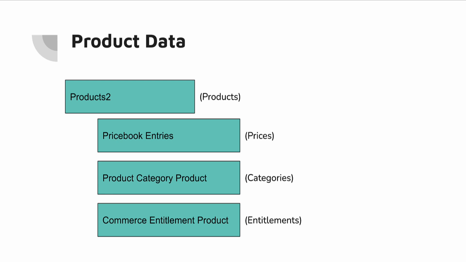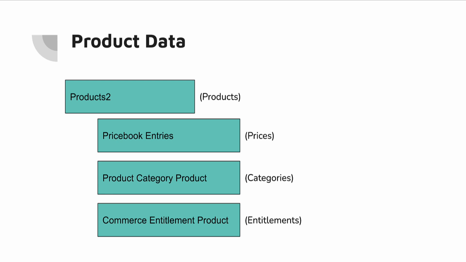So if we were loading our shirt, we'd have one shirt product up here at the top, but we might be adding two different price books, maybe the standard price book entry and your custom store price book entry. So there's actually two records per product in the price book entries. And then we have the cleverly named product category product object here, which essentially is the junction record between the product, shirt in our case, and the category, let's say apparel.